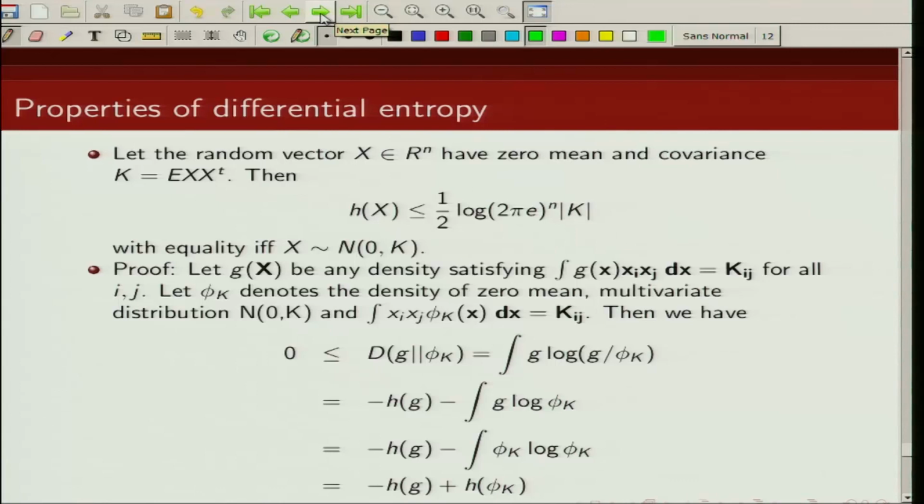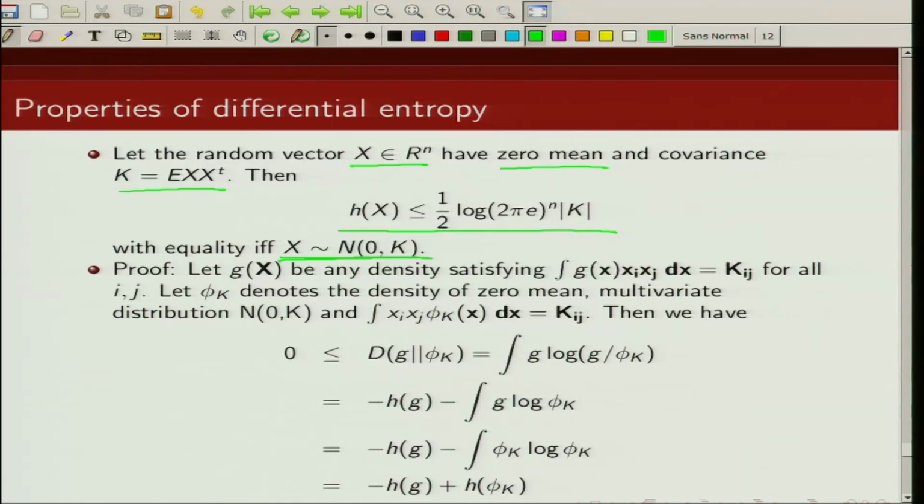Now the next result that we are going to show is as follows. If you have a random vector x with 0 mean and covariance given by k, then its differential entropy is upper bounded by half log of 2 pi e raised to power n times the determinant of this covariance matrix, and equality happens when x is a multivariate Gaussian normal distributed random variable.